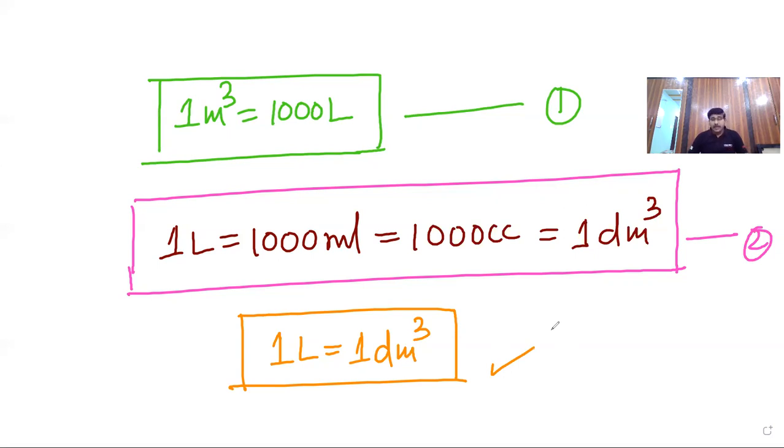And remember, in chemistry, volumes are measured simply by making use of a pipette, burette, or graduated cylinders. All these are apparatus.